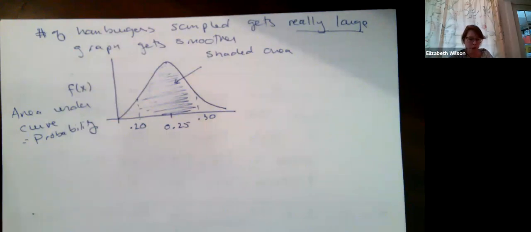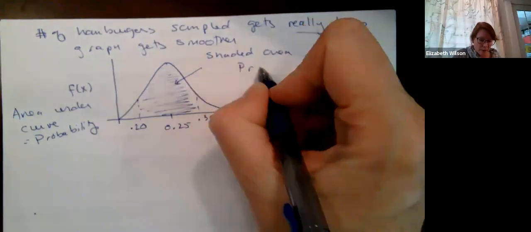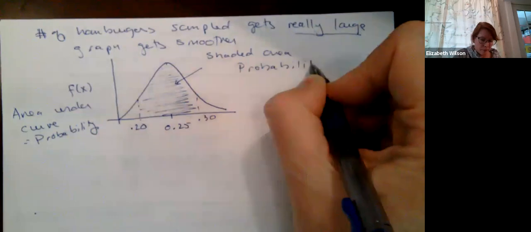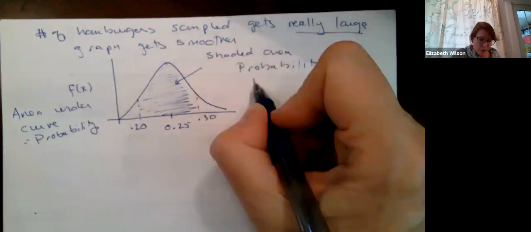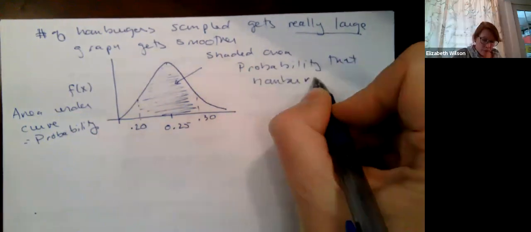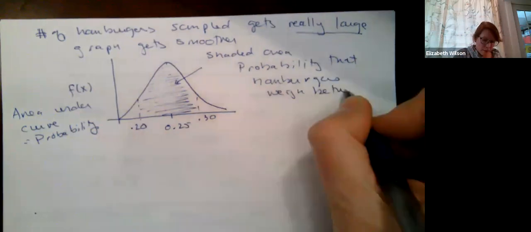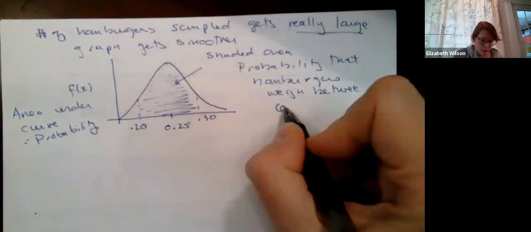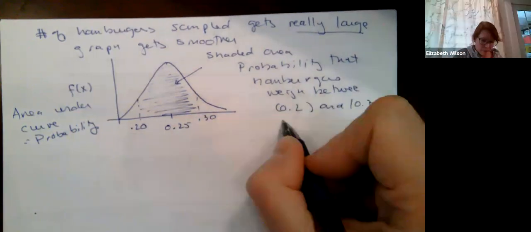Okay, this shaded area here is going to represent the probability that a random sample of hamburgers weigh between our bounds, 0.2 and 0.3 pounds.